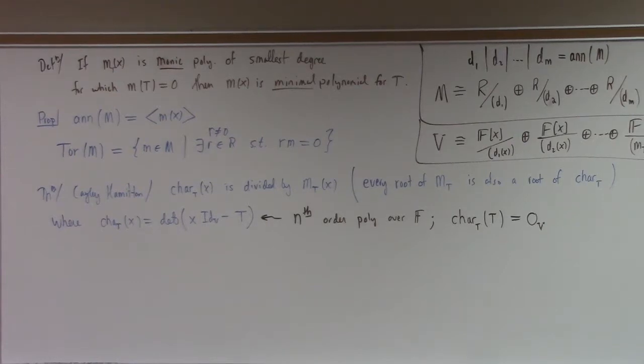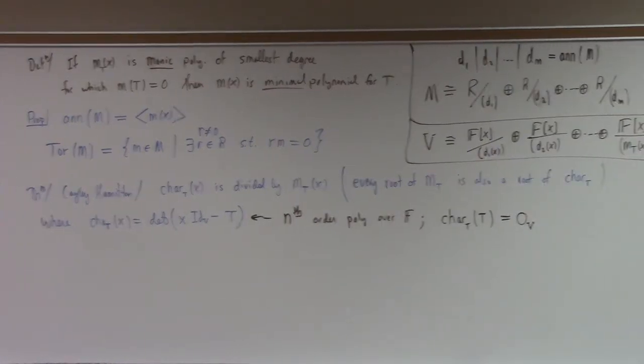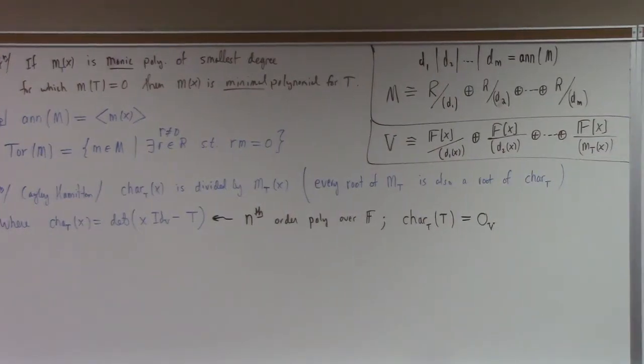And what's the other thing we can say about this D1 through DM? What was the other bit of the structure theory? They have to satisfy this divisibility relation, right? But there's something else. How do those relate to the elementary divisors, right? So this is the invariant factor form. What was the elementary divisor form?